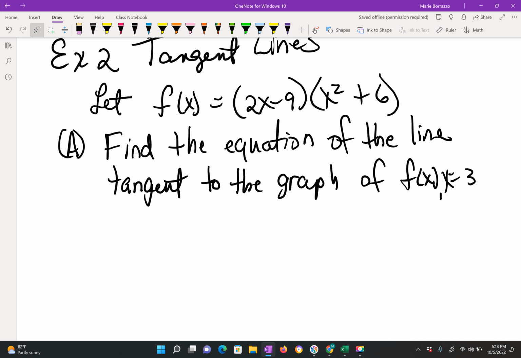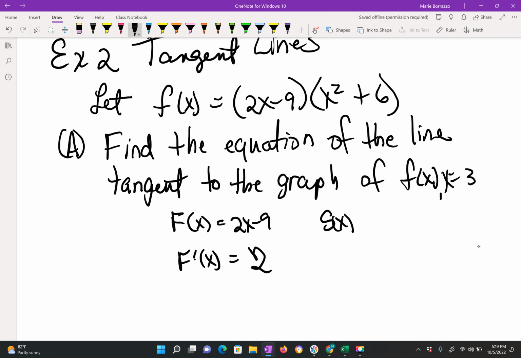So we could use simple differentiation rules if you want. For example, f of x, which is equal to 2x minus 9, that first derivative is simply equal to 2. The s of x, which we know to be x squared plus 6, its derivative is simply 2x.